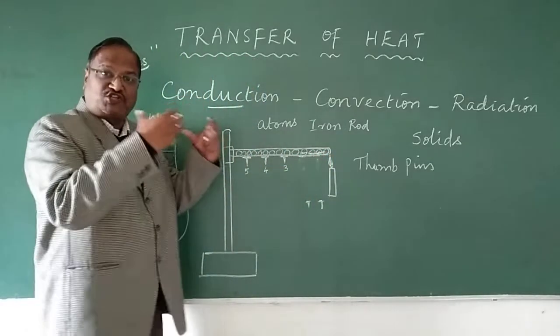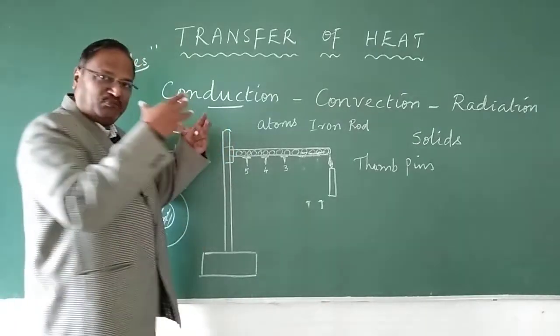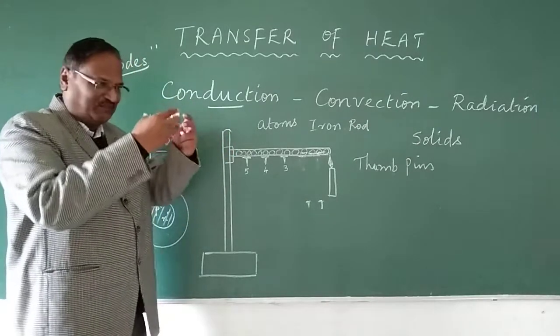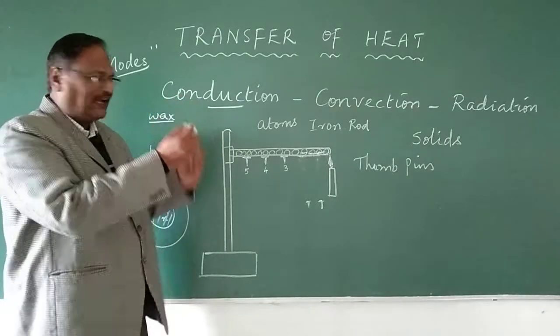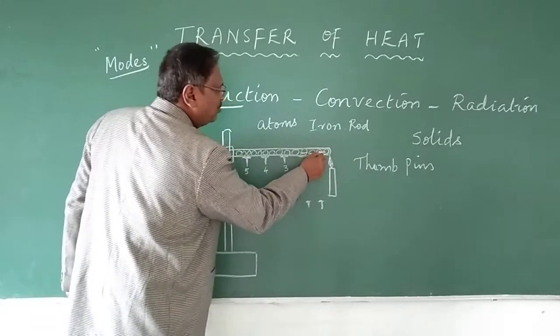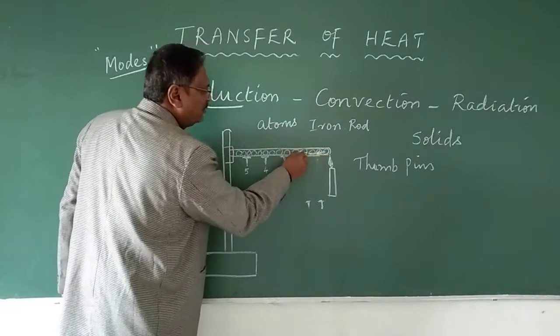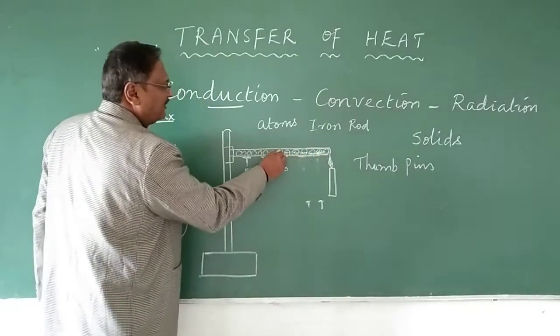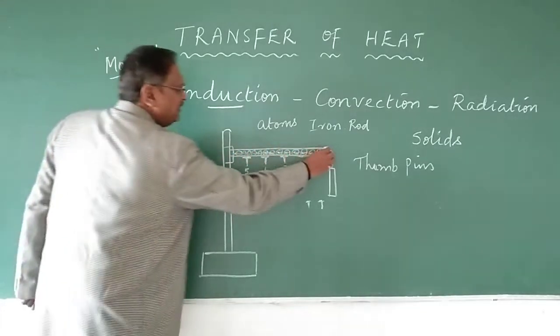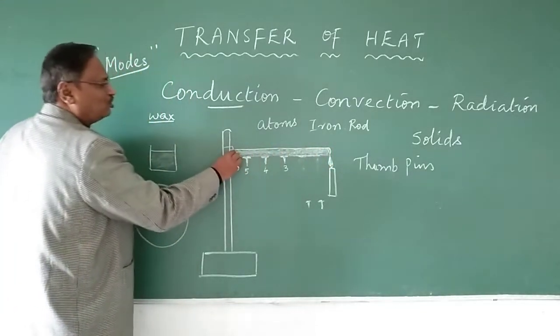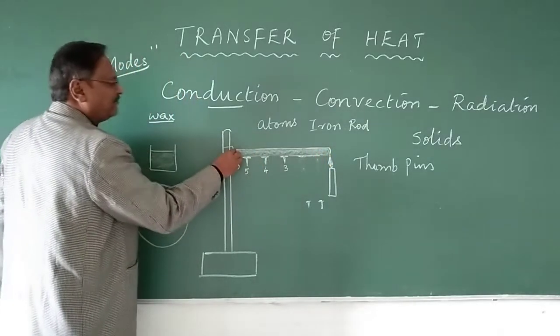They are touching each other, right? And they will move a little here and there because you are giving heat. There will be more vibration, and they will hit each other and transfer the energy from one atom to another atom, and like this heat is transferred throughout the body.